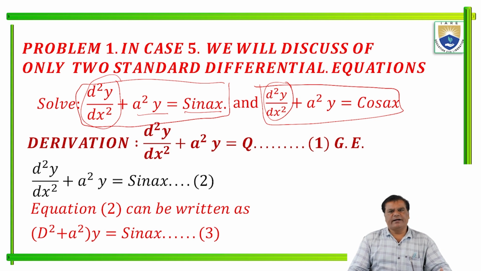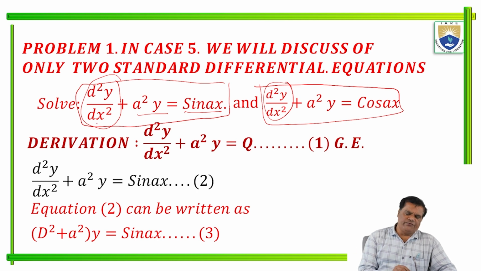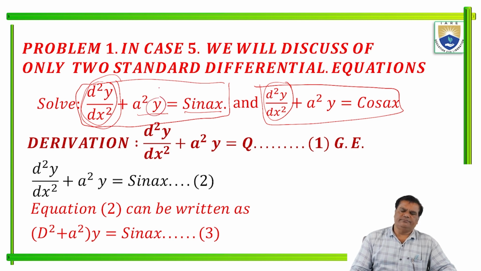So how can we find the complete solution of these two differential equations? These two are known as linear differential equations with constant coefficient of second order. In this differential equation there is the second derivative d2y/dx2 and plus y only, no first derivative.